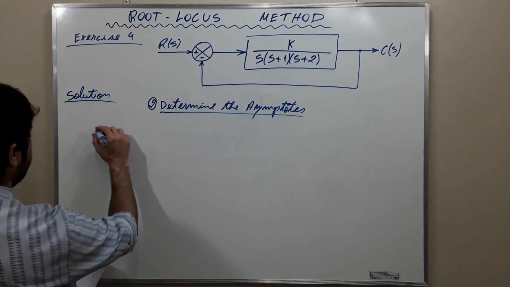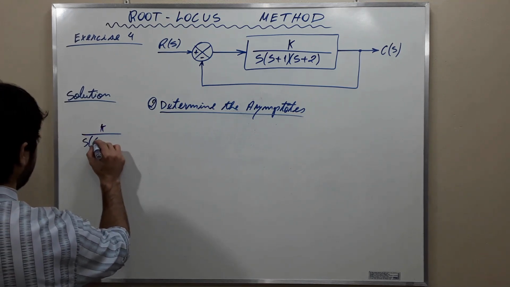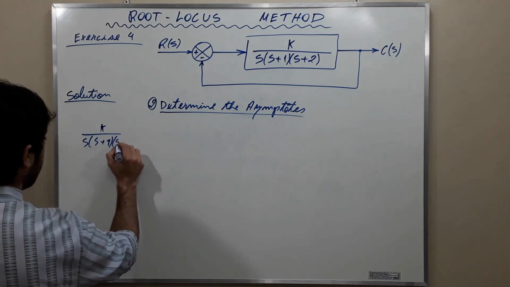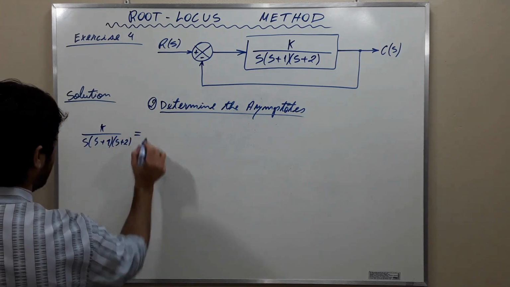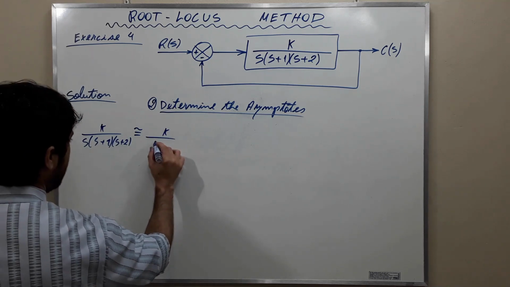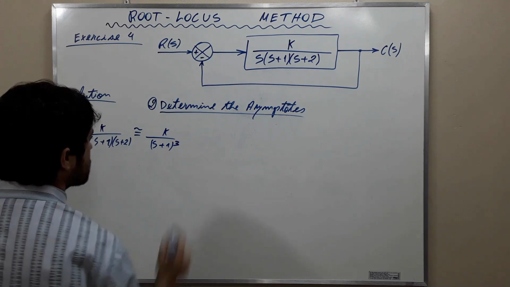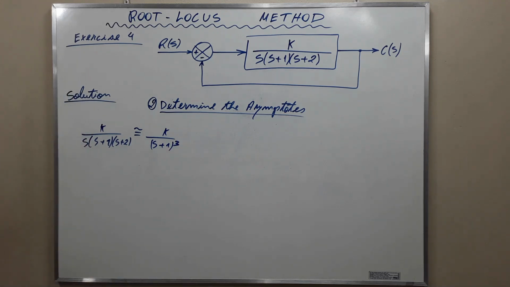If we do this, then we can conduct the following approximation, which is going to be approximately equal to k over s plus 1 cubed. By doing this, we are going to assess the angle condition of this.